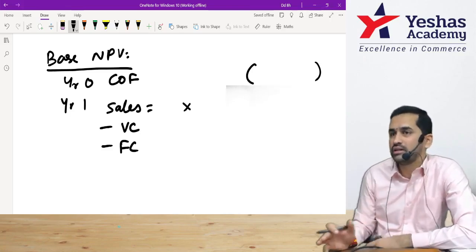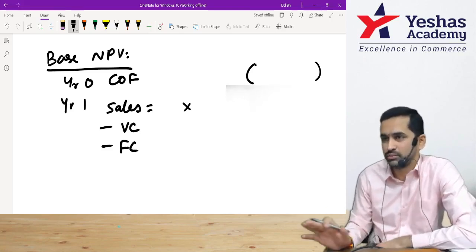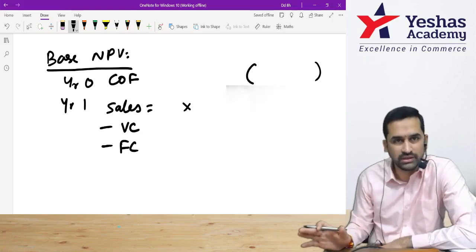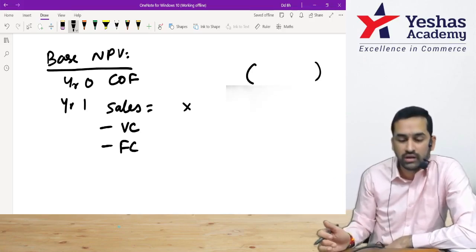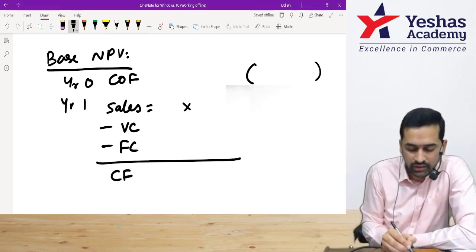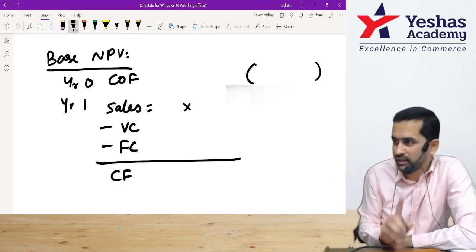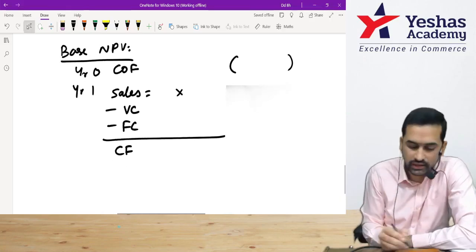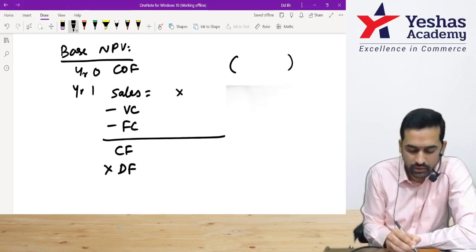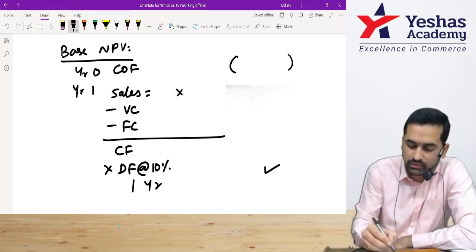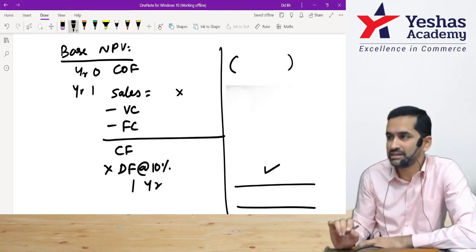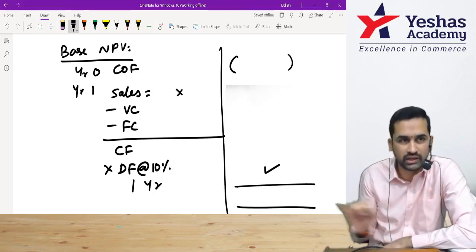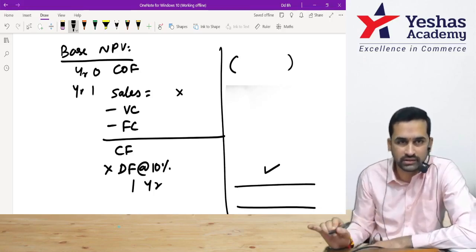They have not given anything about tax or depreciation, so let's assume there is no tax or no depreciation. You can assume and take it as 30% also, nothing wrong. This will become my year 1 cash flow. There is only 1 year, project life is only for 1 year. This I multiply with discounting factor at 10% for 1 year. This number will be my inflow. The difference between these two will be my base NPV. This is without considering any 10% variance.